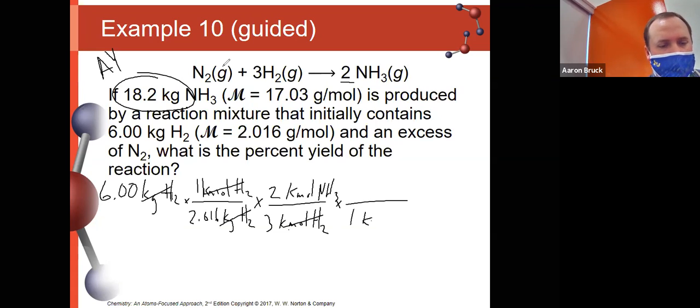One kilomole of ammonia weighs 17.03 kilograms.